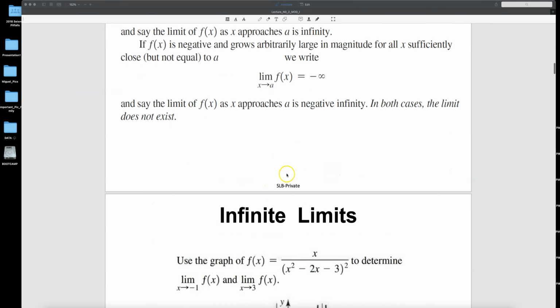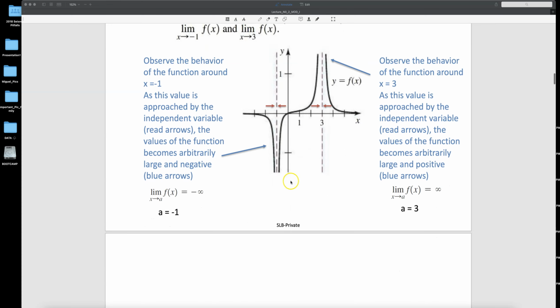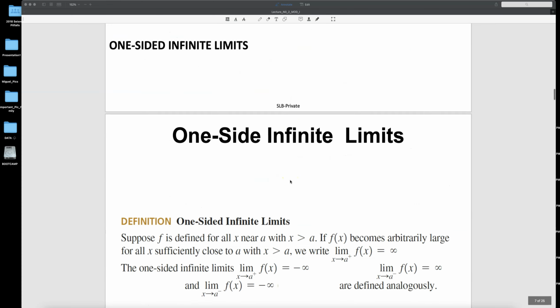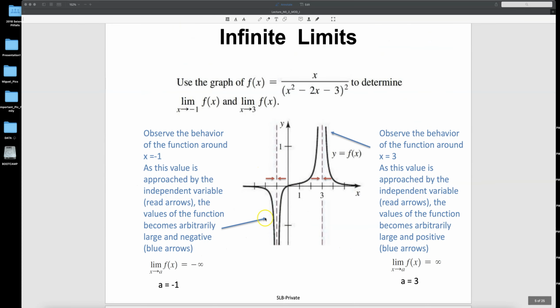Now, what is the implication of that? So you can see here that this line, if you want to express this line at x equals -1, that is going to be a line, and these two lines are going to be vertical asymptotes for this particular function.